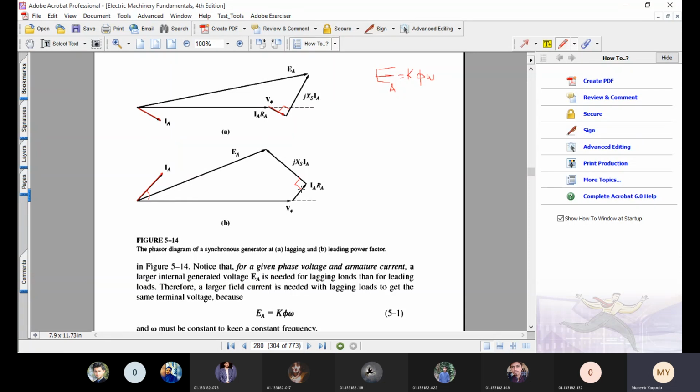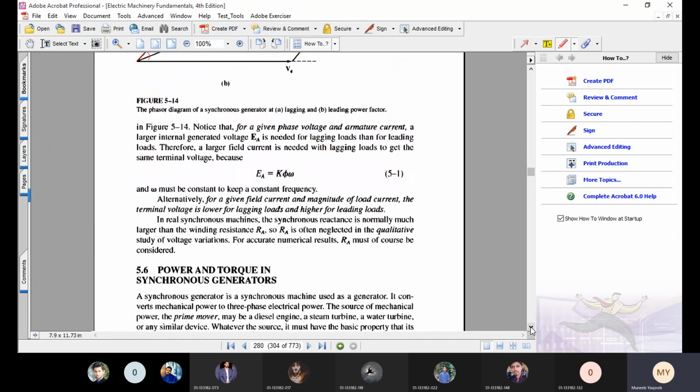So the voltage drop across the inductor must be 90 degrees ahead of the voltage drop across the resistor. Finally, EA is again the resultant of this phasor diagram, but this time we can easily compare and conclude that EA is much smaller as compared to the EA that was drawn for the inductive load.